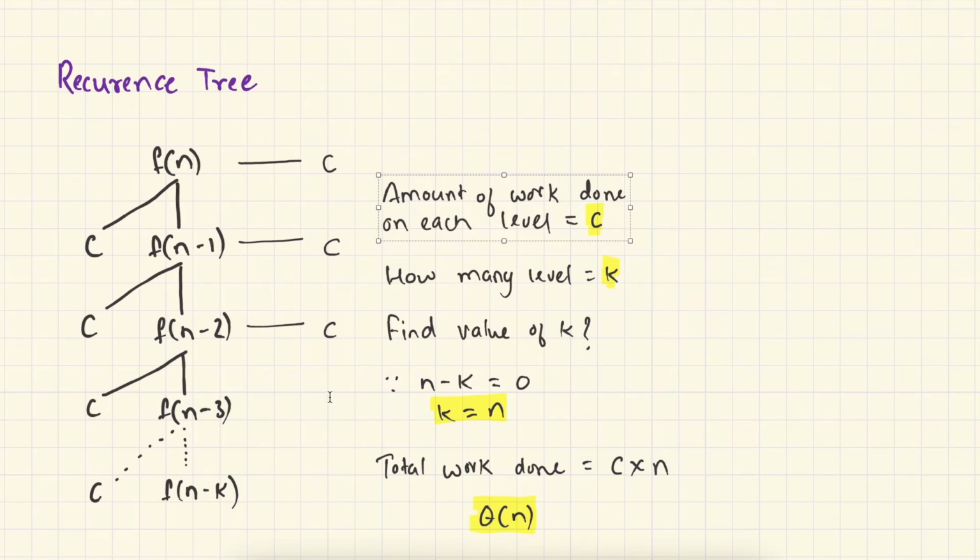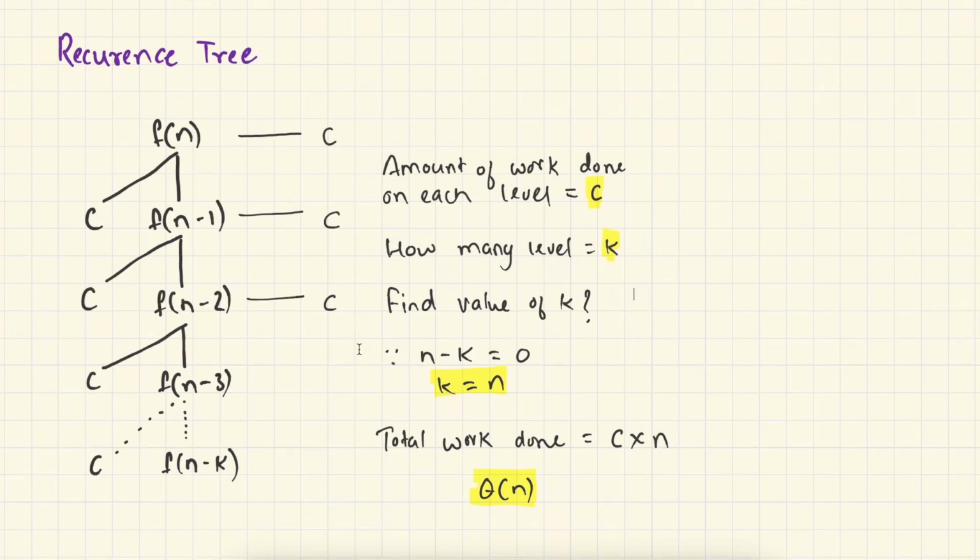We started from n, then we go to n-1, then n-2, then n-3, and this process continues. We assume that this process continues till n-k, so we are going to have k levels in this recursion tree. So the total number of levels is going to be k. We don't know the value of k right now, but we will find it soon.